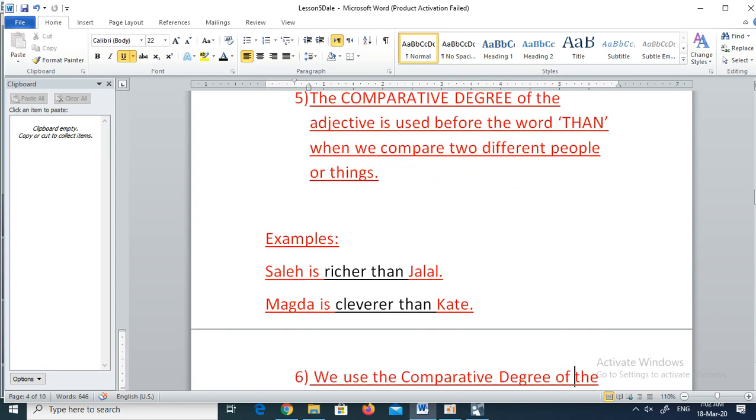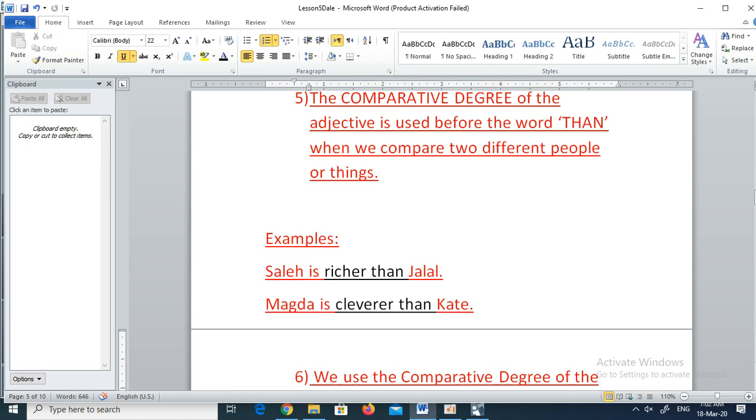Let's look at the examples. Sally is richer than Janelle. Richer is a comparative form of the adjective. Magda is cleverer than Kate. Cleverer is a comparative form of the adjective.